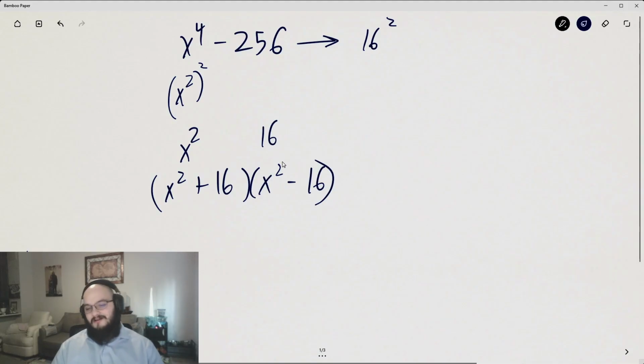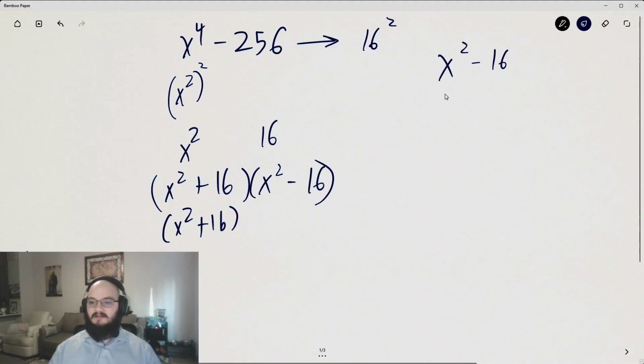But we're not quite done yet because x squared minus 16 is also a difference of perfect squares. You can't do anything else with x squared plus 16. This is done. So we'll have x squared plus 16. That'll be part of our final answer. But over here, we're actually going to expand x squared minus 16. We're going to expand that out.